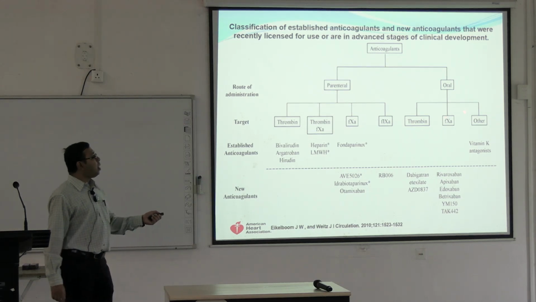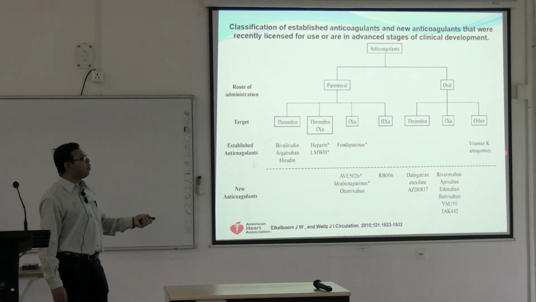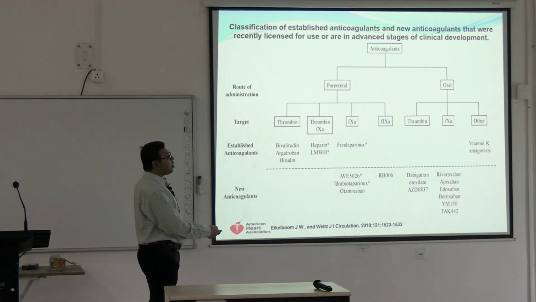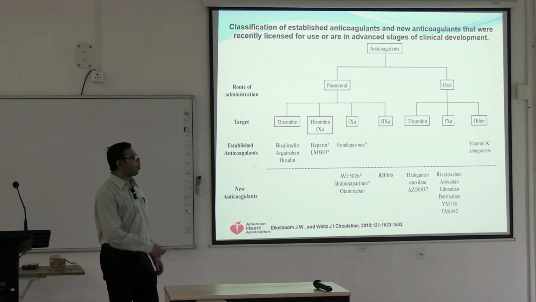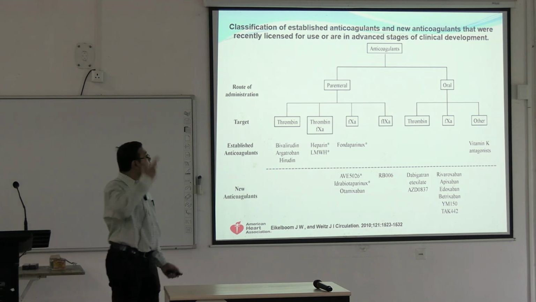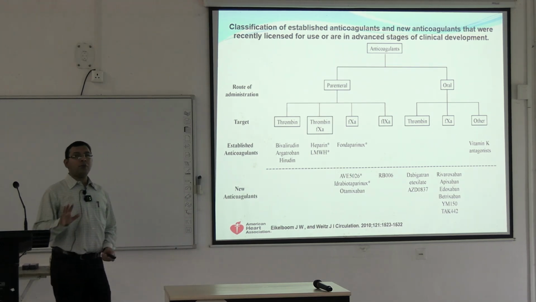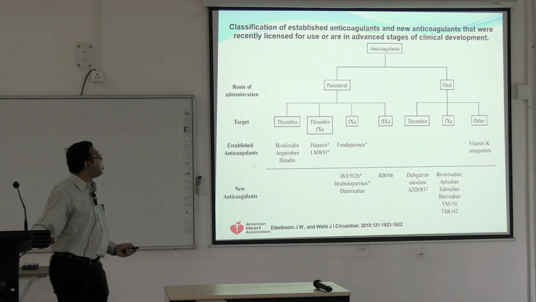Oral: there may be thrombin, factor Xa and others. Others means mainly the vitamin K antagonists are used. Oral factor Xa inhibitors are the newer ones like rivaroxaban, apixaban, edoxaban, etc. Dabigatran is the only oral thrombin inhibitor. So don't worry, we will read details about this.